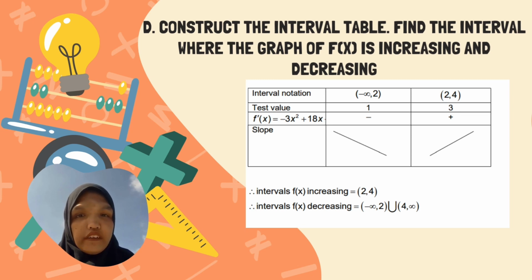If we get negative, the slope means decreasing. If we get positive, the slope means increasing. So for the interval where f(x) is increasing, the answer is (2, 4). For the interval where f(x) is decreasing, the answer is negative infinity to 2 union 4 to positive infinity.